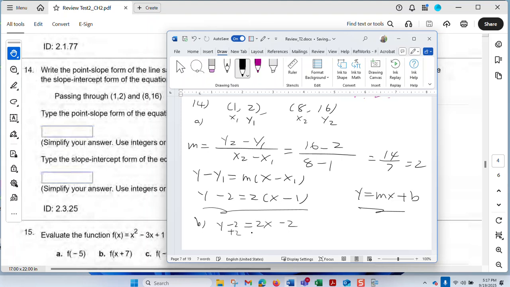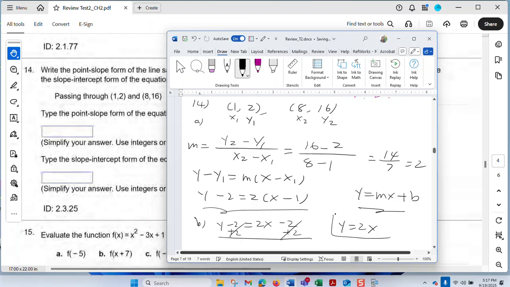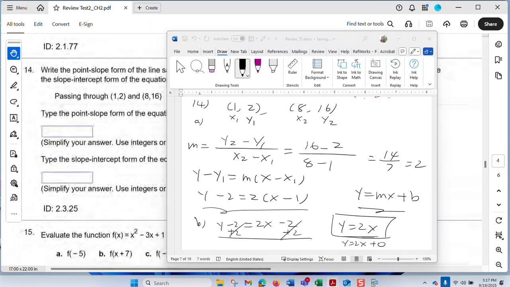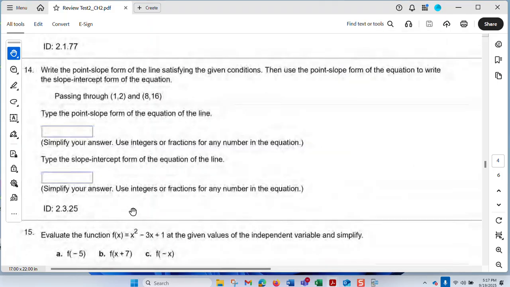All right? So this y will be just 2x because these 2 cancel out. Some people ask how much is my b? My b here is 0. I don't have to write down 0. Okay, so b here is 0. So that's just y equals 2x. All right, so that is a repeat, similar to the previous one, right?